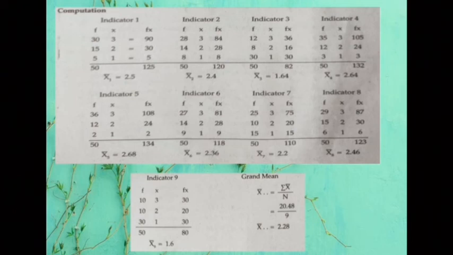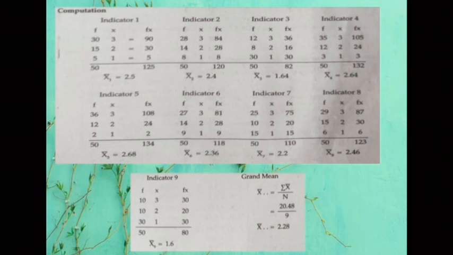So the 90 plus 30 plus 5 is equal to 125, then divide by 50. So the weighted mean sub 1 is 2.5. Then we will do the same for the next indicator, indicator 2 until indicator 9, to get the grand mean.